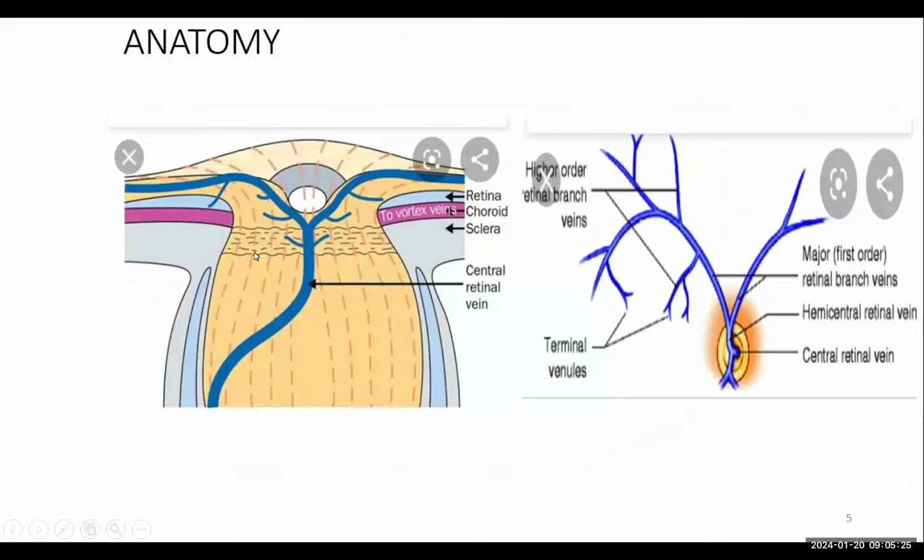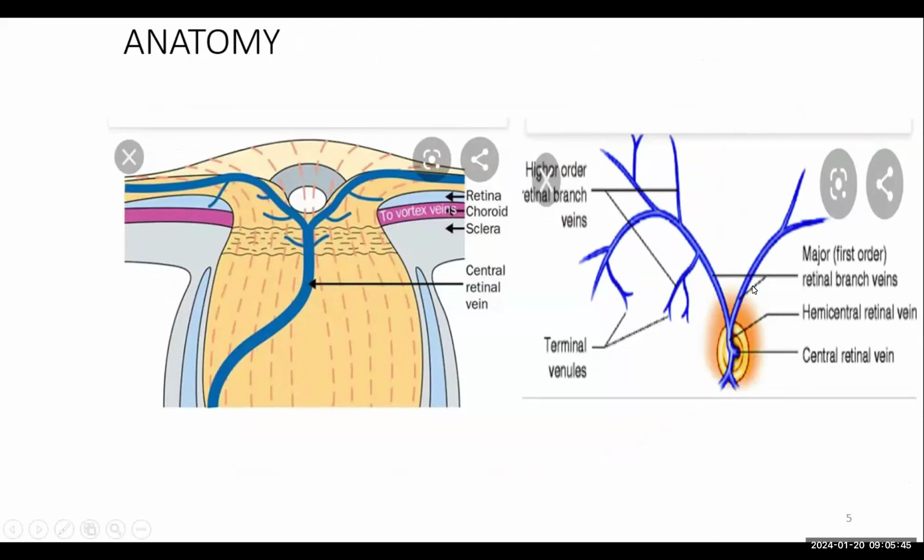In this picture, you can see the central retinal vein as it comes into the globe. It is divided into two major hemiretinal veins, the superior and the inferior.